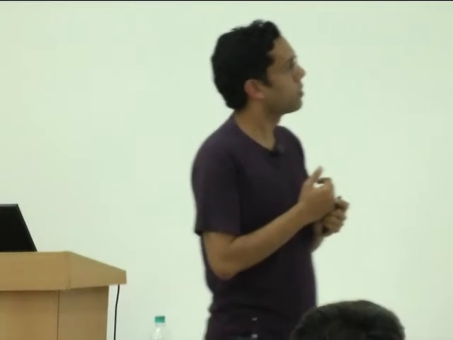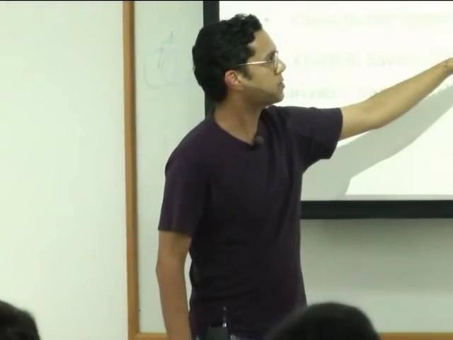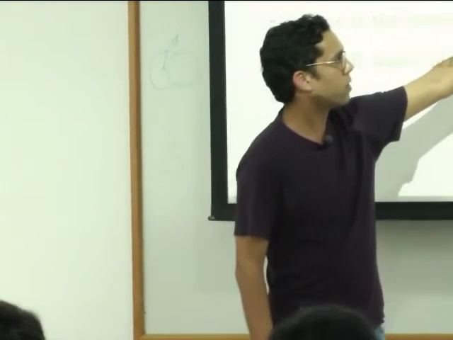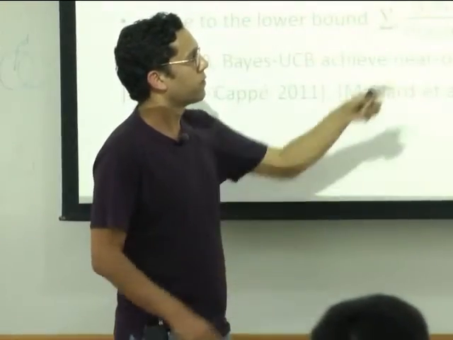And it's doing a good job of that because Auer et al. proved this theoretical guarantee that the regret for this algorithm is the sum over i for positive delta i of log t over delta i.